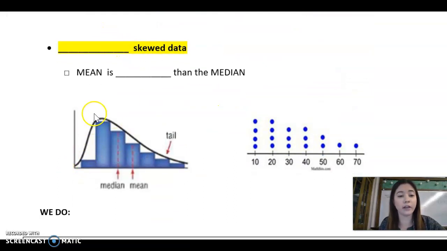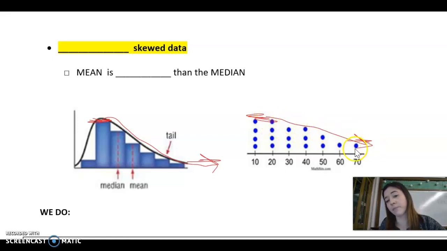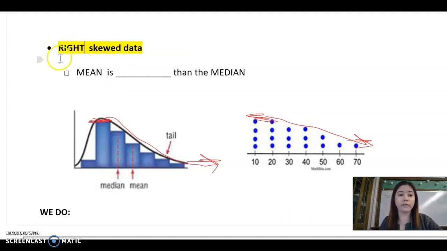So here, again, now we have the bulk of our data here, and then it spreads out really thin to the right, so my tail's pointing to the right. Same, bulk of my data is here, spreads thin over here, so again pointing to the right. So for right skewed data, what's going to happen now is the opposite.